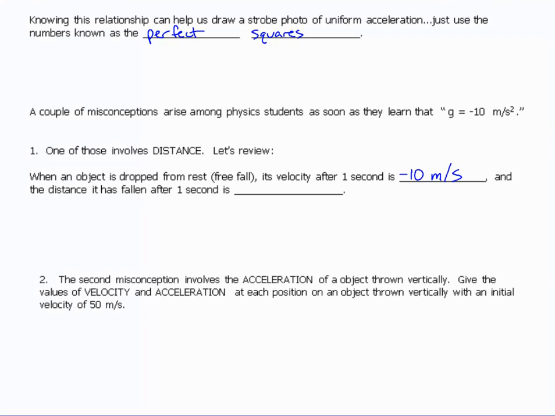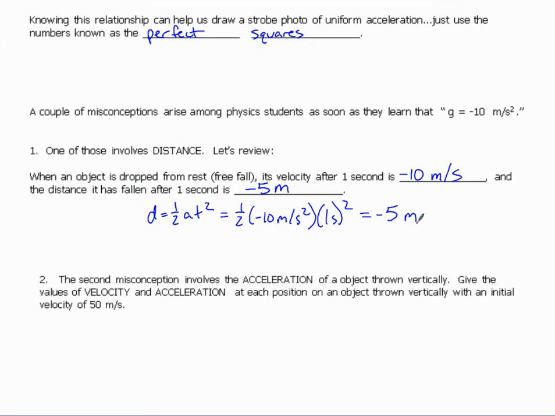And the distance it has fallen after 1 second is negative 5 meters. It does not fall 10 meters in the first second. So we have 1/2 times negative 10 times 1 squared, negative 5 meters.